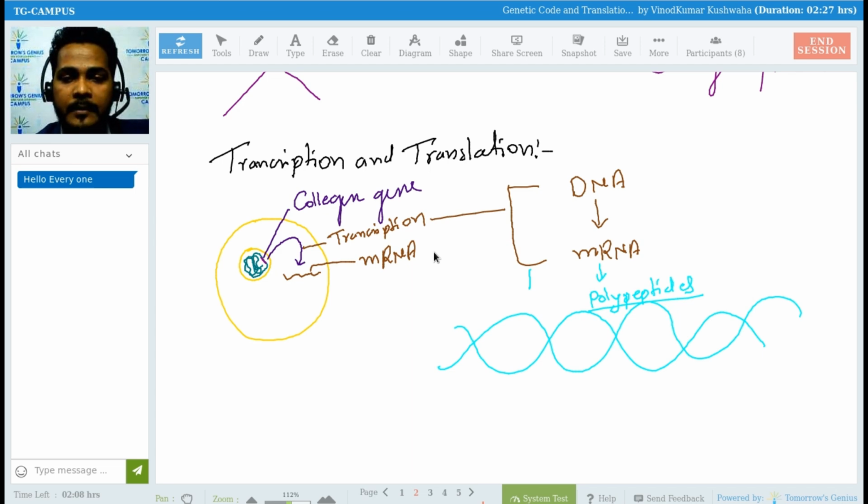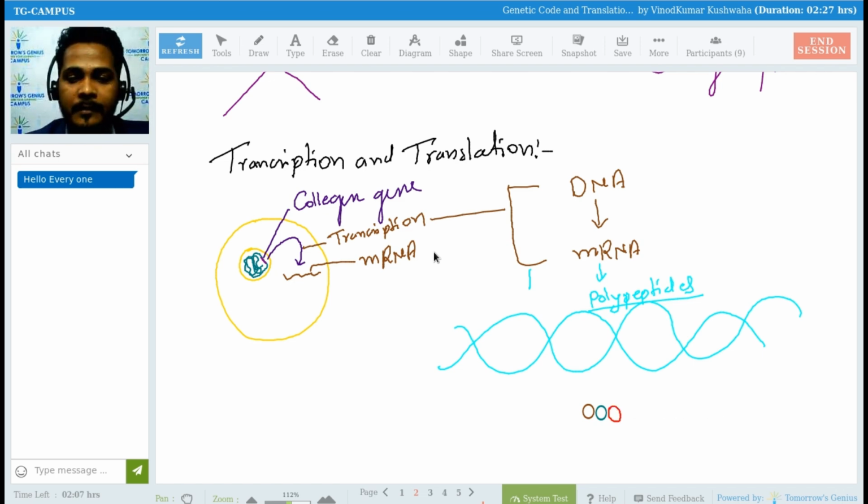Now how exactly does a polypeptide look? This polypeptide is a kind of different shape. Okay, so here you can see this is the polypeptide chain. Hope my circle is visible to you, right?